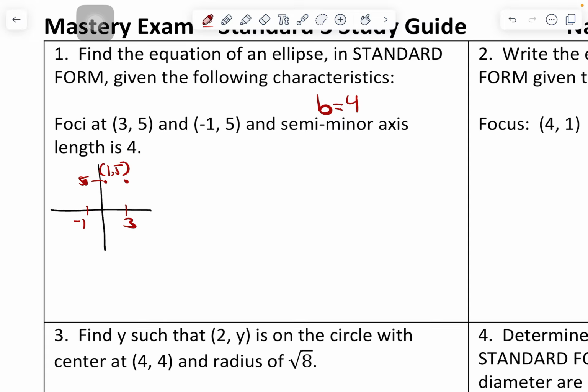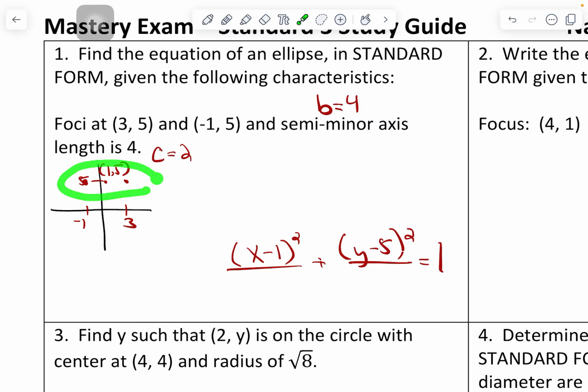We'll go with that. Okay, so then c is going to be the distance from the center to a focus. That's going to be a c value of 2. All right, so skeleton: x minus 1 squared plus y minus 5 squared equals 1.